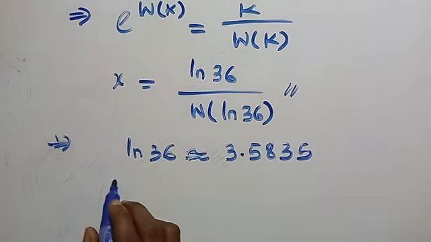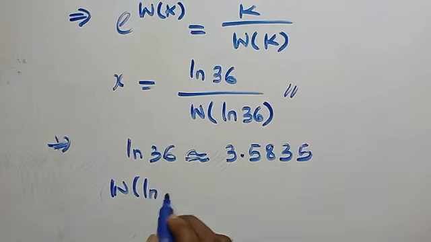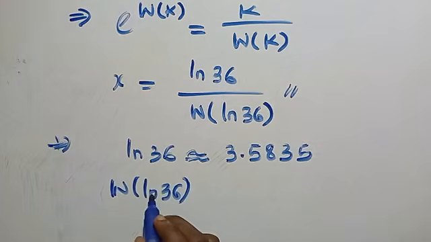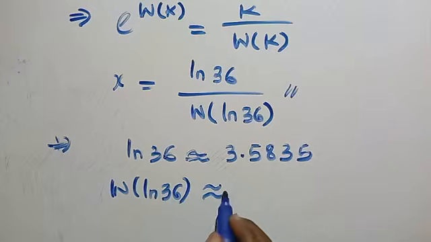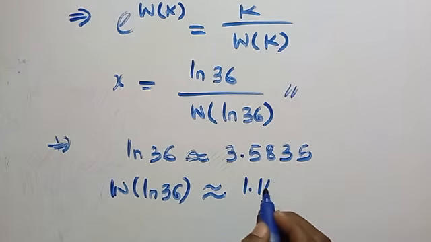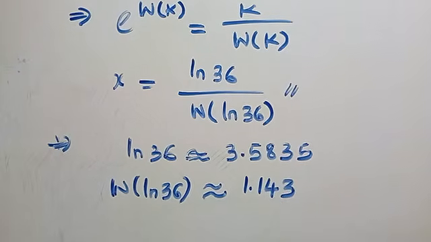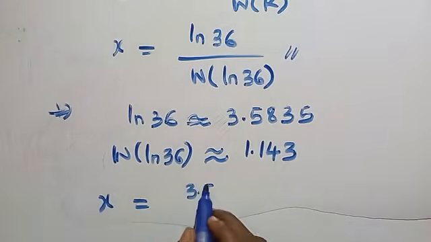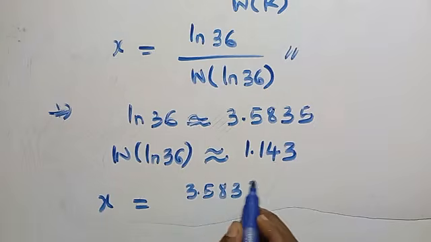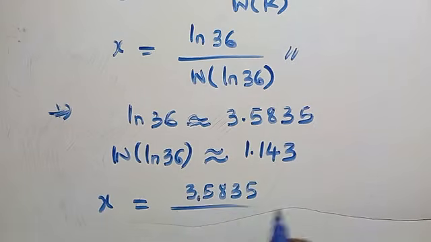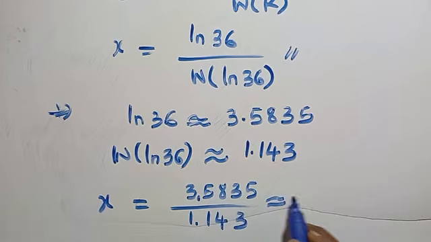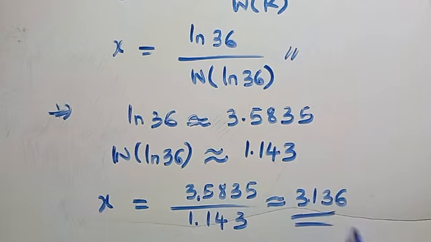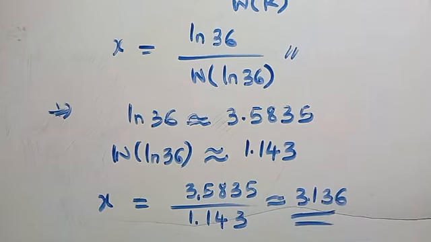And also, if you press the calculator or use Wolfram Alpha for W of ln 36, this is going to be approximately 1.143. And if I divide these two, we are going to have x equals 3.5835 divided by 1.143, and the answer is given as 3.136. So x equals 3.136 is the solution to this problem.